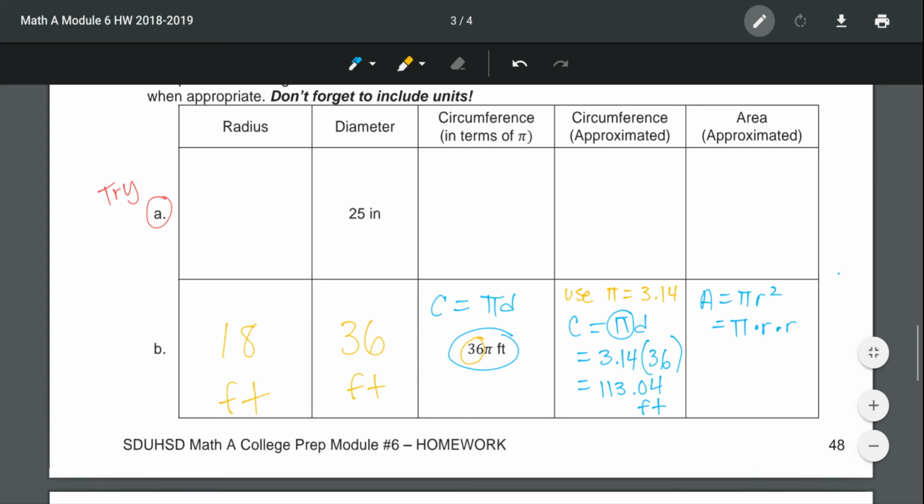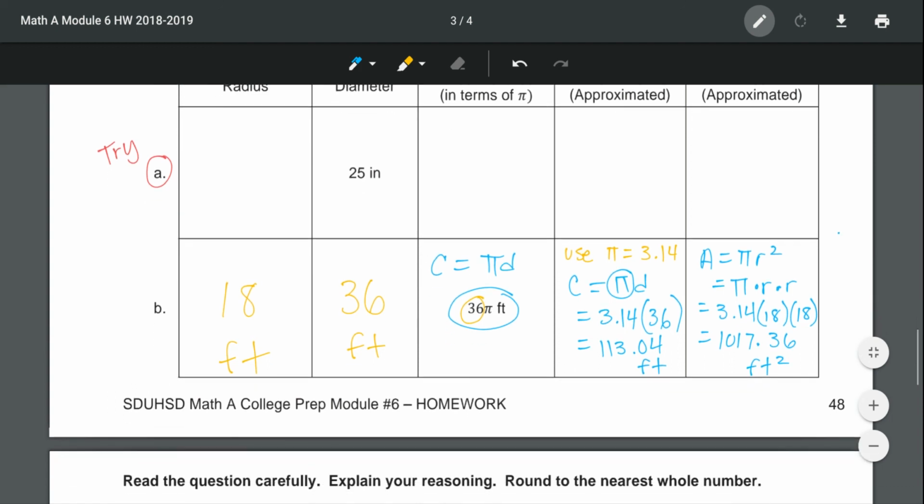So since we're finding the approximate area, you do replace pi with 3.14. And then we're going to multiply the radius, which is 18, times 18 again. So multiply that out. When you multiply that out, you get 1017.36, and remember your units for area would be feet squared.